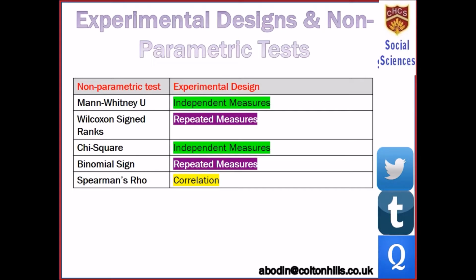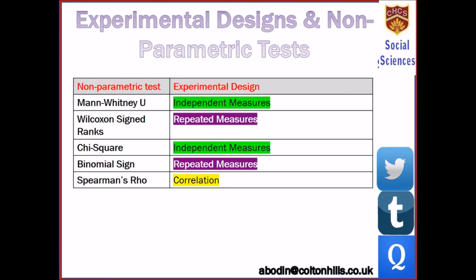So here you've got the 5 main non-parametric inferential tests that are listed within the OCR specification and the experimental design that is applicable to that test. So as you can see, you've got independent measures cropping up twice, repeated measures twice, and then you've got correlation, which is something separate, with Spearman's rho.